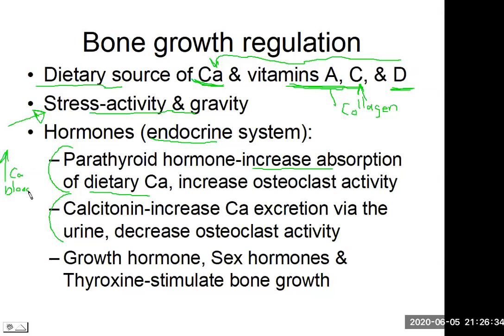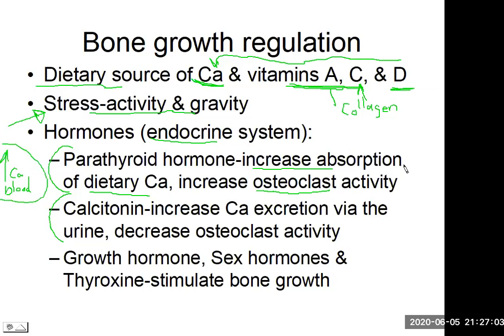And now that circulating calcium can be used for a number of purposes. But also another way to do that is if we increase the activity of osteoclasts, so we got to think back to that. Osteoclasts secrete acids. The acid breaks down the skeleton, and that calcium could be freed up to enter the bloodstream.